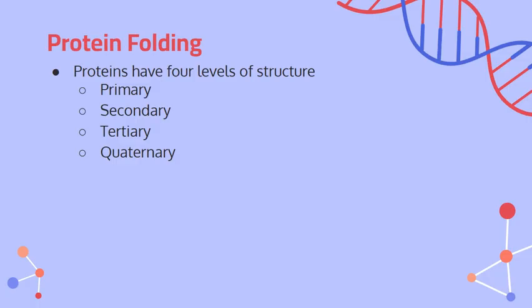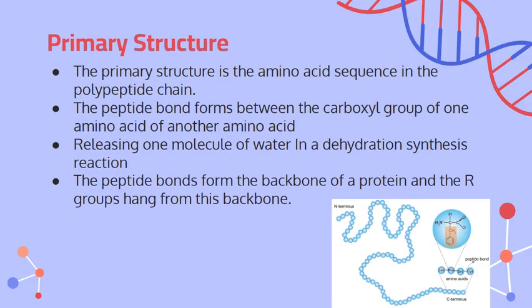So, once we have our chain of amino acids, we have 4 different levels of structure of those proteins. We have primary, secondary, tertiary, and quaternary. So, the primary structure, the amino acid sequence in the polypeptide chain, is literally just the chain of polypeptides.